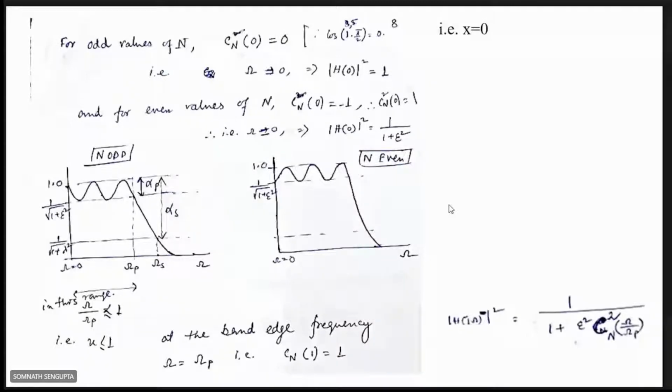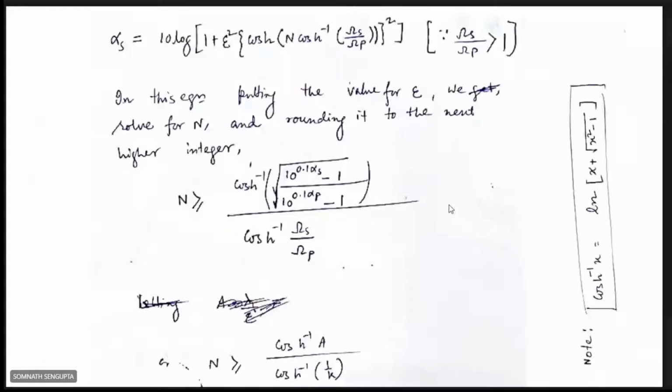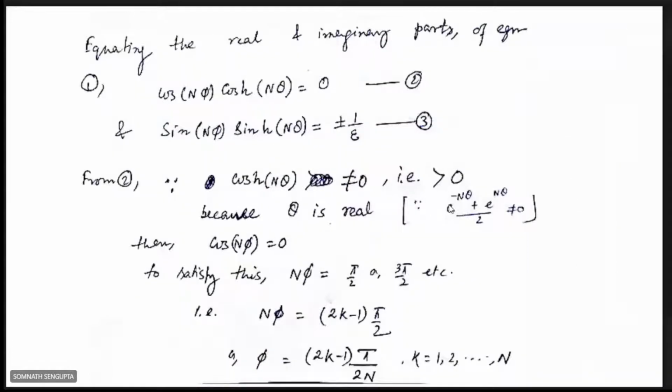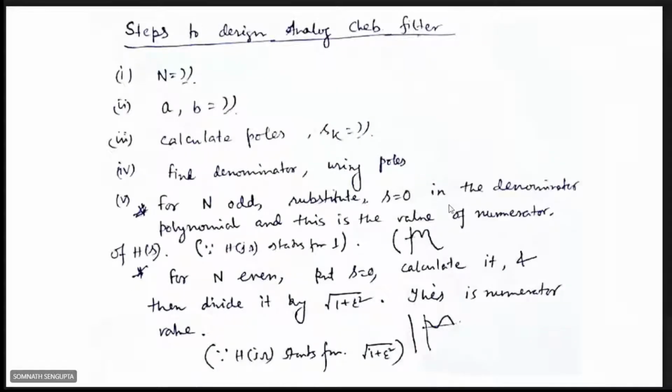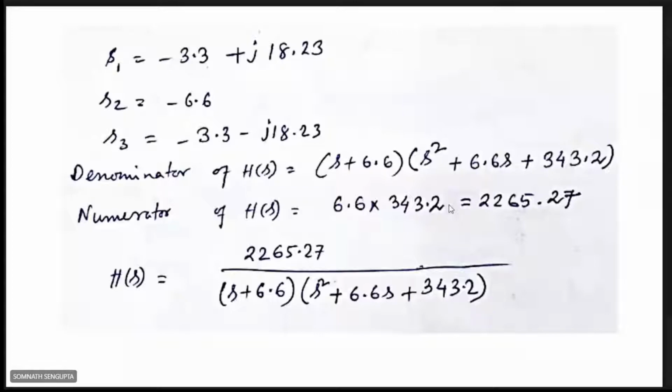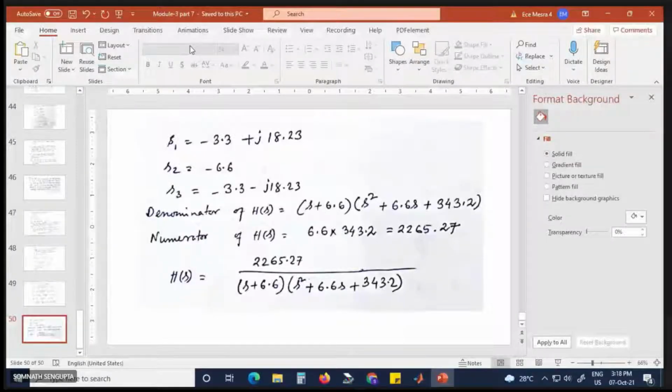At omega equal to 0 you have to calculate the gain. Here you put omega equal to 0 in this equation, because this is the maximum gain. So you just mention it here.